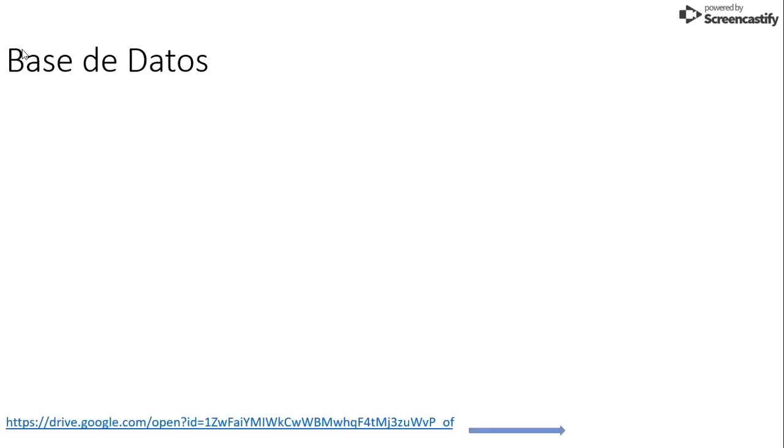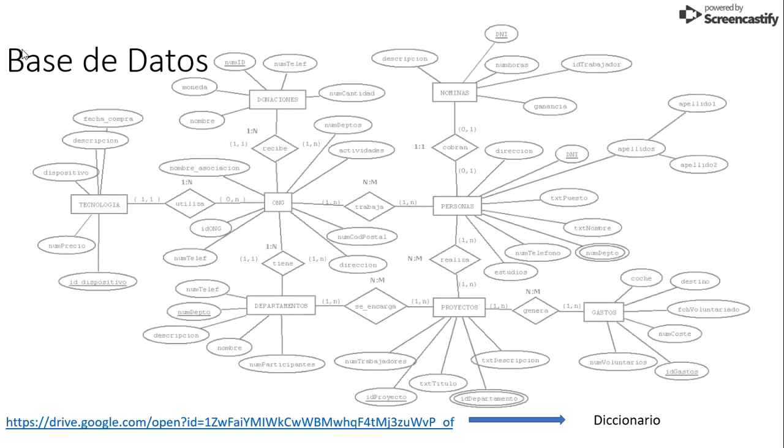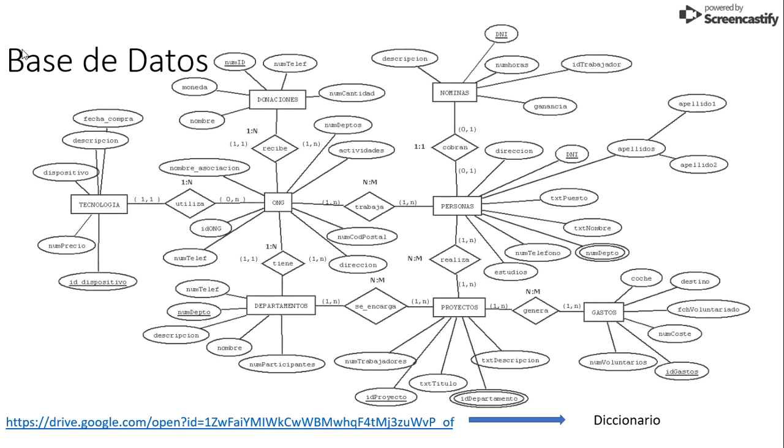Well, now, in this section, I will explain what we have done to save the information about the Kenyan Association, because it has a lot of data to save. For this, we have created a database with its respective entities. We have used 8 entities, as we can see in this image: the association, projects, people, technology, departments, donations, payroll, and expenses.